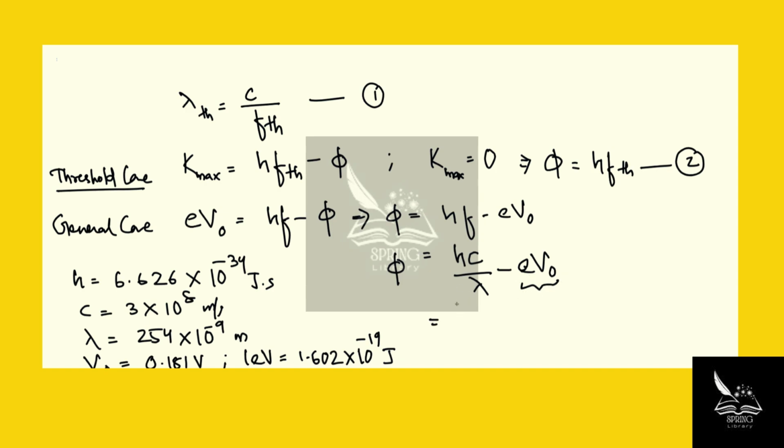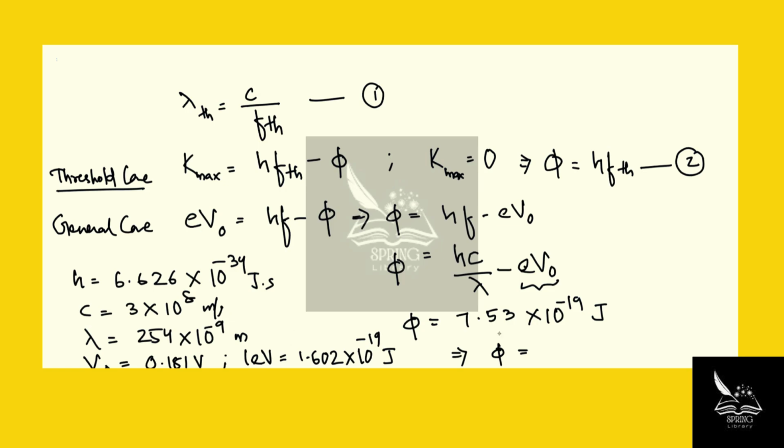Now substituting all these values, you should get phi to be 7.53 times 10 to the power minus 19 joules. So now we have the work function of the surface. Let's convert this into units of electron volts.